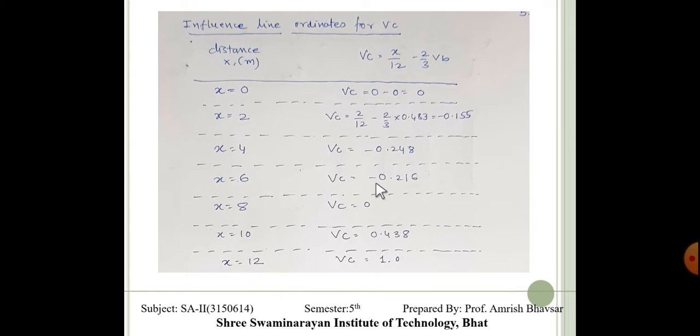X is equal to 6, VC is equal to minus 0.216. Simply put all the values in this equation and we will get the influence ordinates for VC. Now we have all these ordinates of influence at 2-meter intervals for our continuous beam.